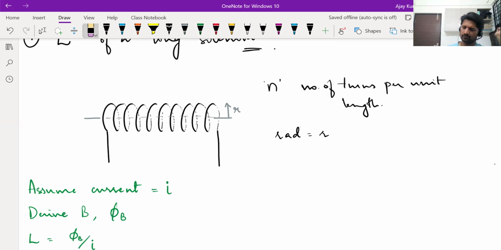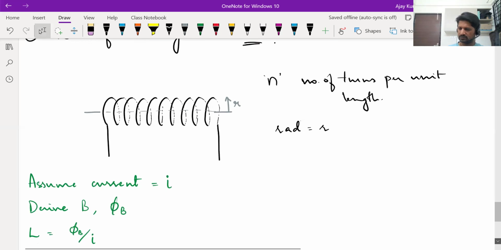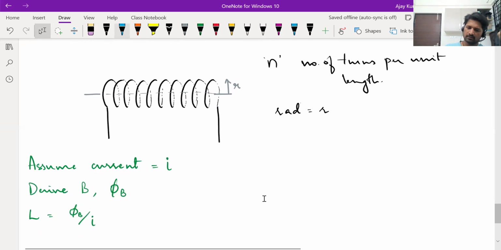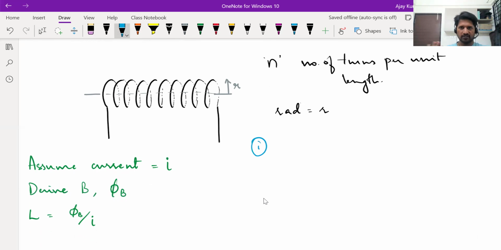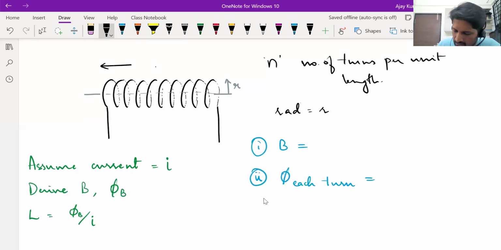Try this, all of you. Assume a current I flows in this solenoid. First step, because finally what we want is flux by current, and flux depends on magnetic field: write the expression for the field produced by it. Then find out the flux through each turn of the solenoid. Let's say the total length is L. That length is also important.